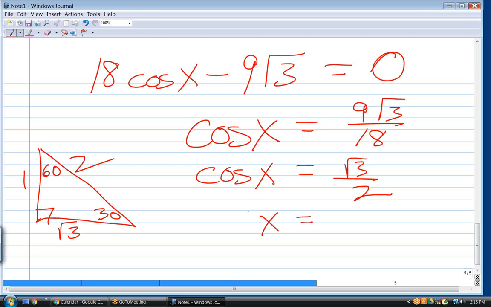Cosine x equals root 3 over 2 at pi over 6, so that's the first quadrant angle. Where else does it occur? It occurs in the fourth as well. What's that? 11 pi over 6. Okay, cool.